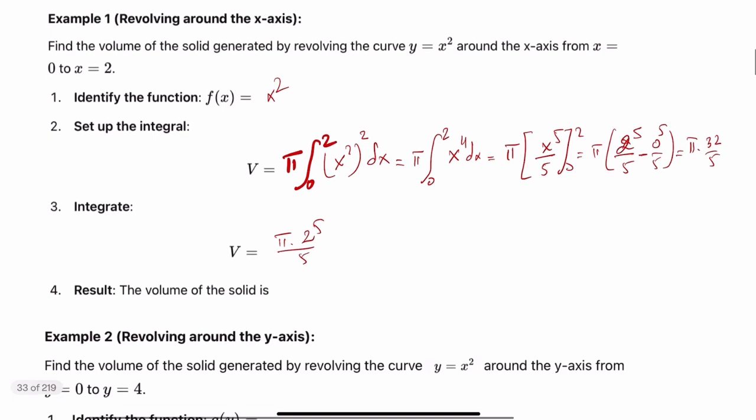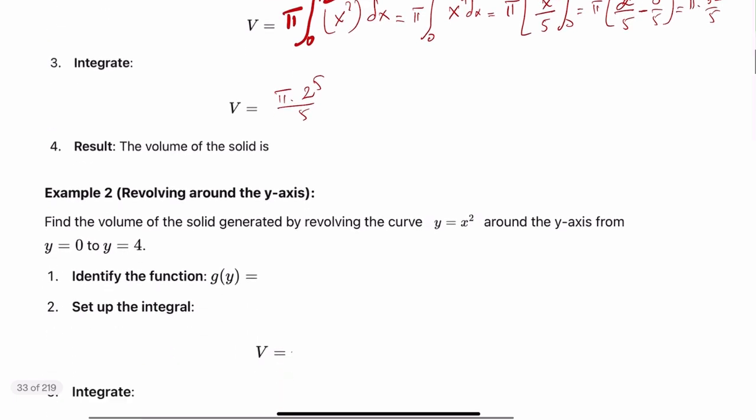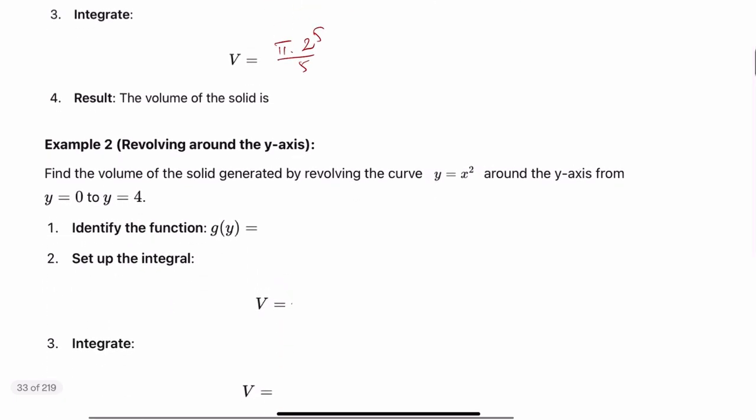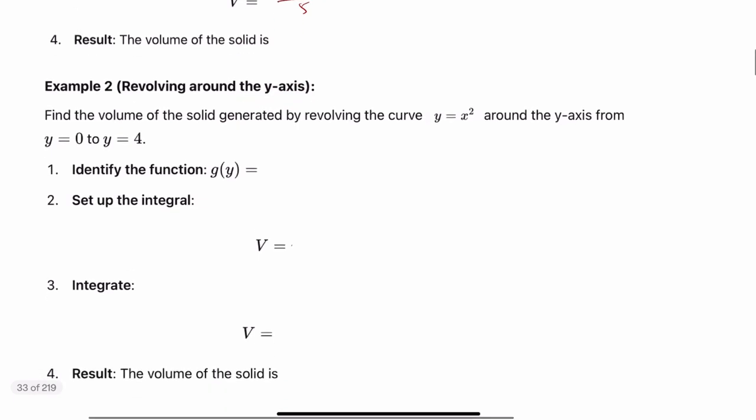We can use another example of revolving around the y-axis. You have to be careful. You need to know which axis you are revolving around. Same thing, our function is y equal to x squared, but the first thing you need to do is change it from y to x, so we need to find your g of y.